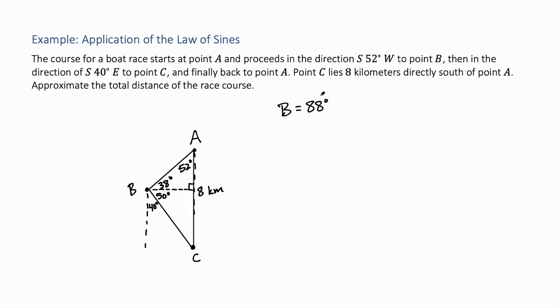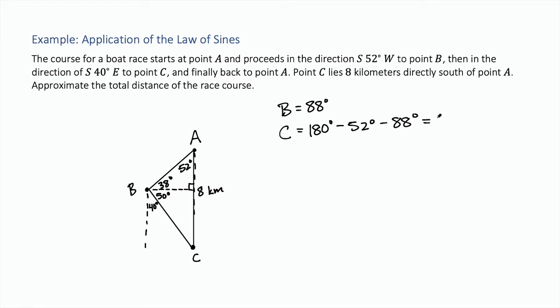And our picture, actually, I'm pretty proud of myself here. This picture is pretty close to a right angle, which is, 88 degrees is super close to a right angle. So we've got angle B, and so we can get angle C. Angle C, of course, is 180 minus the angles A and B, so minus 52 degrees minus 88 degrees.